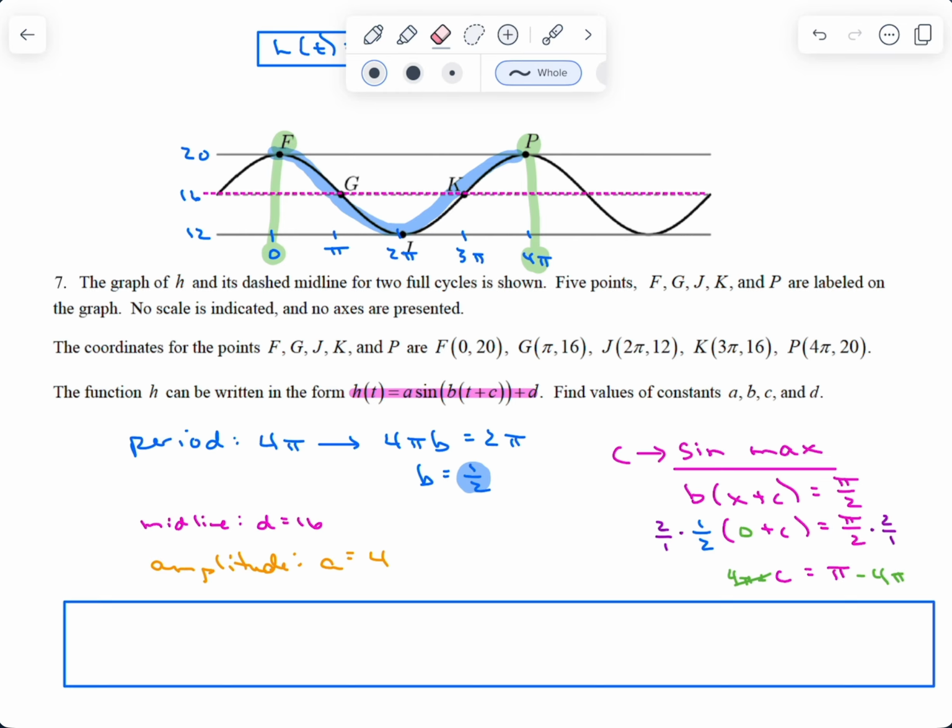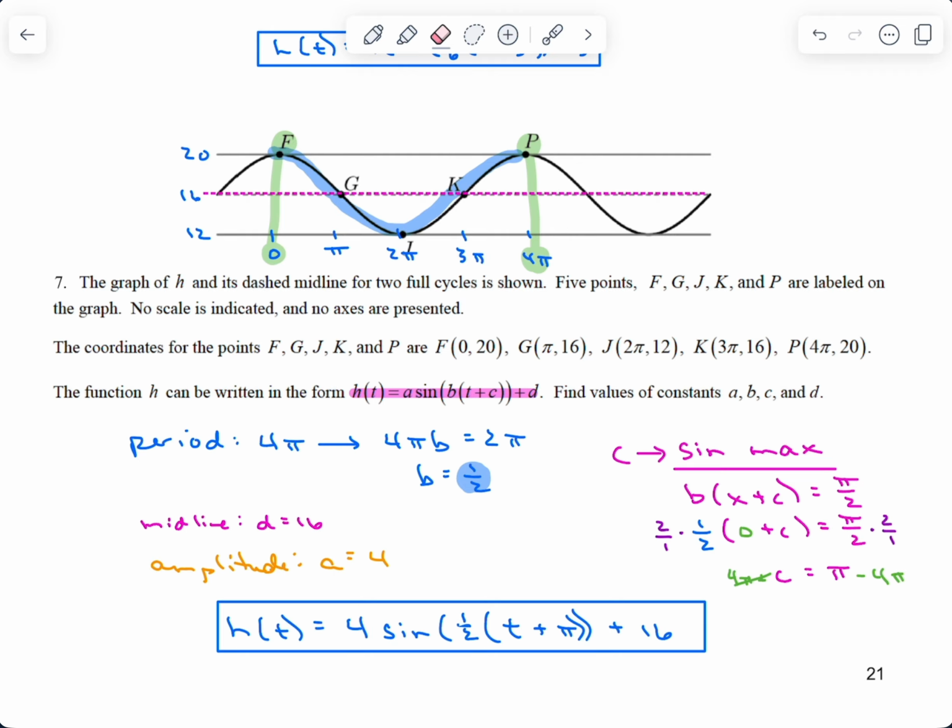So not only can I have the equation that I originally had, plus pi for the phase shift, 16 for the midline, 4 for the amplitude, and 1/2 for B, I could also, if you put this into your graphing calculator, put negative 3 pi here for my C value, because I would have been getting that from my other maximum value. It just means we have to do more of a phase shift: instead of going to the left pi, we would have to go to the right 3 pi. So it's just a different way to look at it.